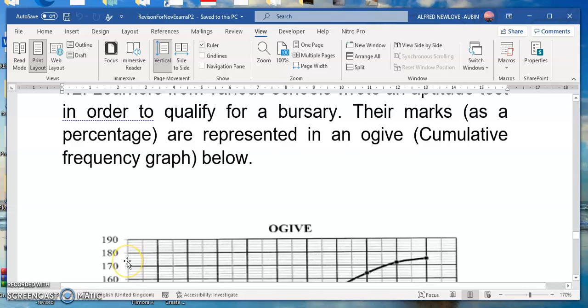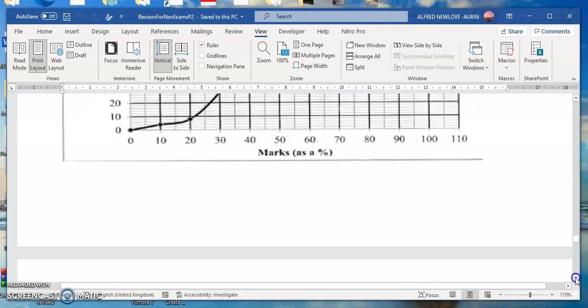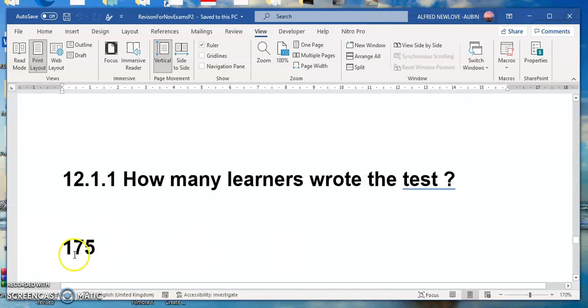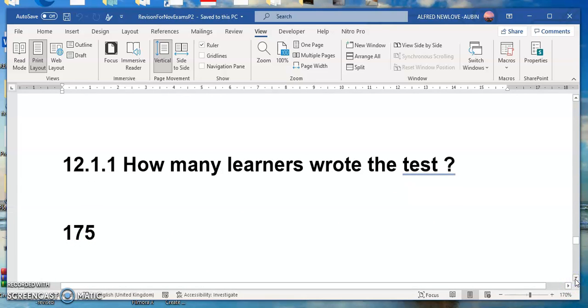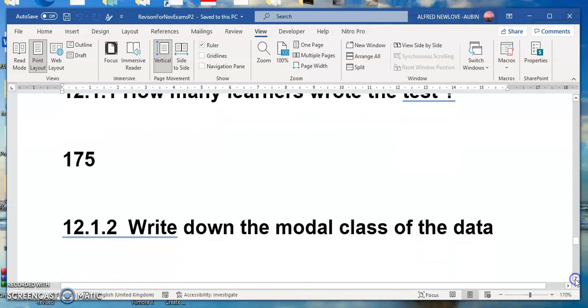So if you write 175, it will be accepted, and 176, 174 too. When we are making an estimation, we give a neighborhood. So between 174 and 176, it will be accepted.